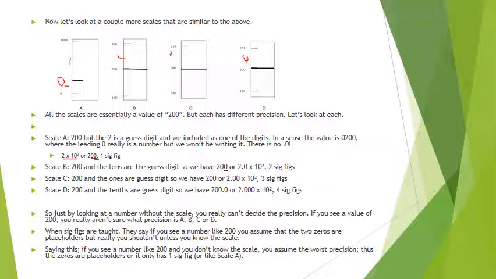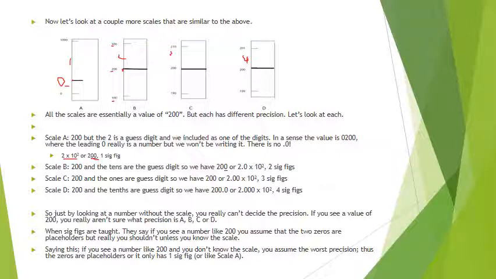Okay, scale B, the numbers that are precise, the number that we're sure of, are the hundreds, and the guess digits are the tens. Okay, so here's my number, and now I'm going to say it's 2, and I'm going to say my guess digit is 0. So now I have 2 numbers, 2 sig figs.